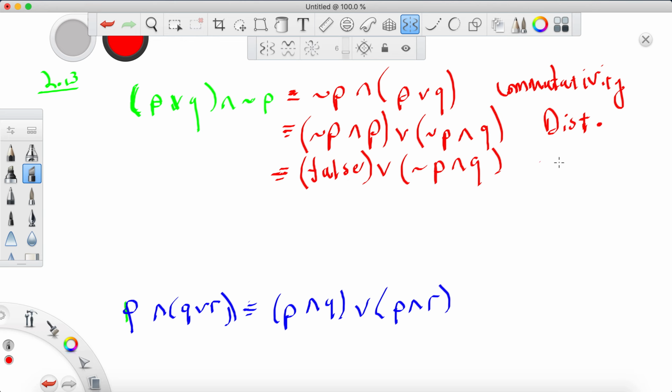So what I write here is going from this step to this step, right? So what is this? This is the complement law, is what it's called.